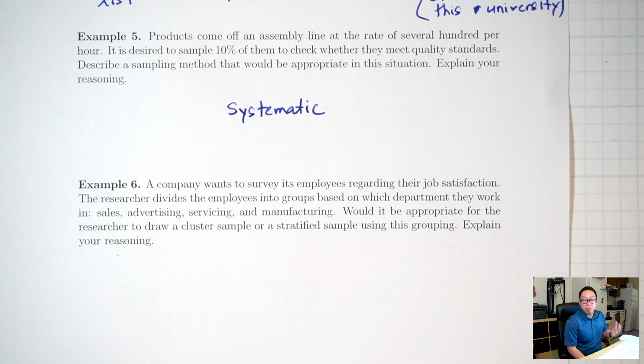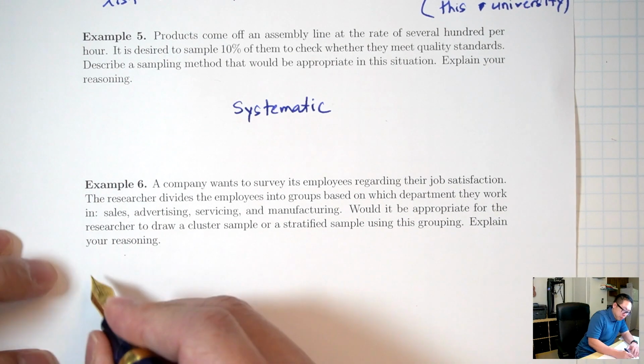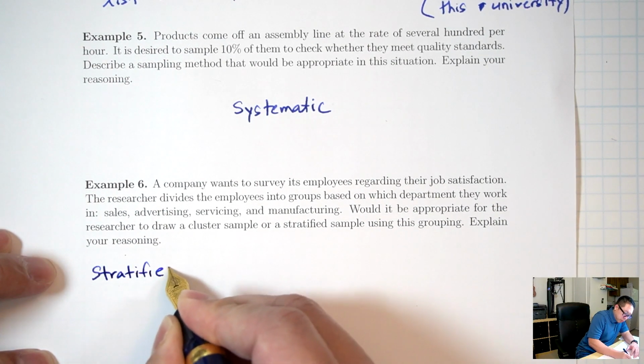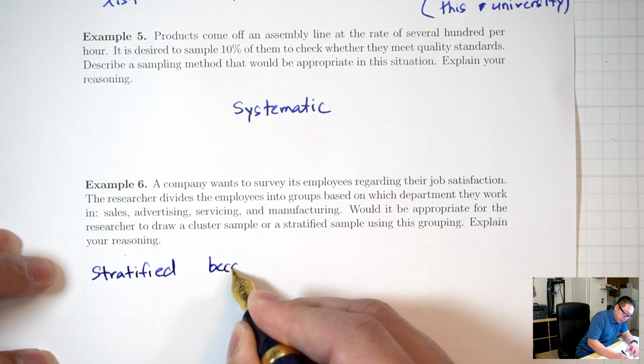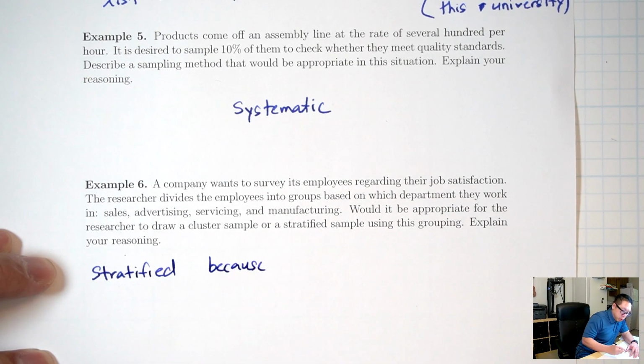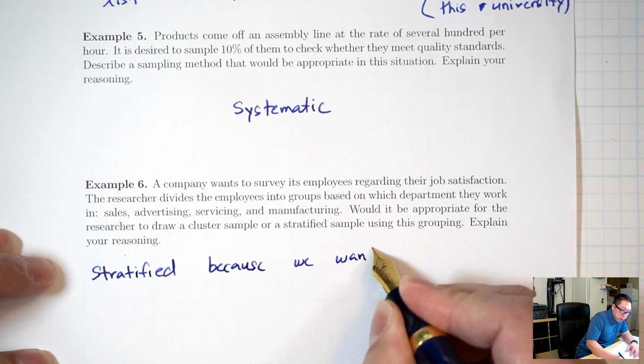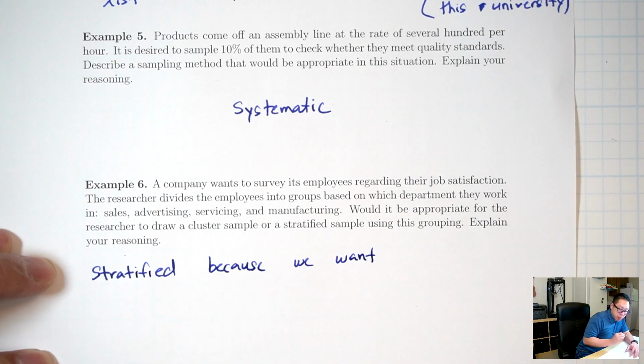So we probably do want representatives from every single group, in which case I would say we want stratified here. So stratified because we want representatives from every single group.